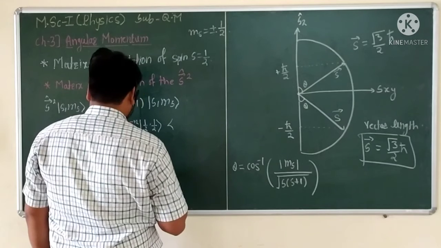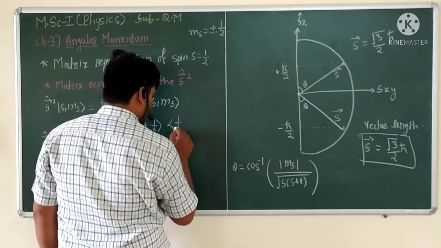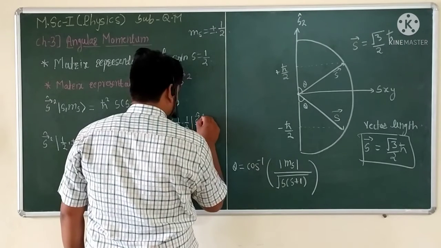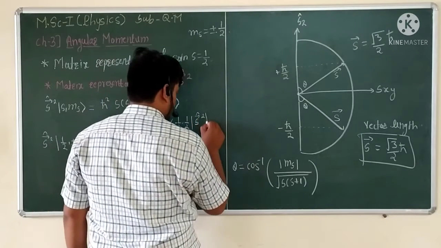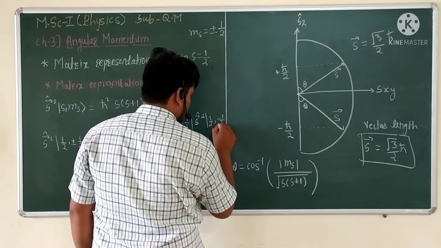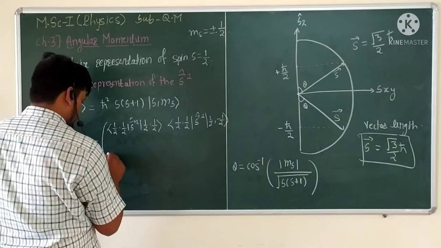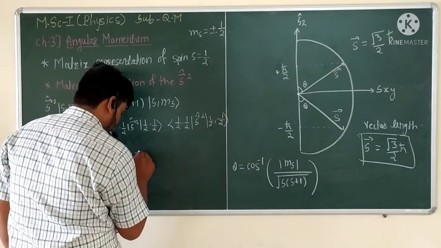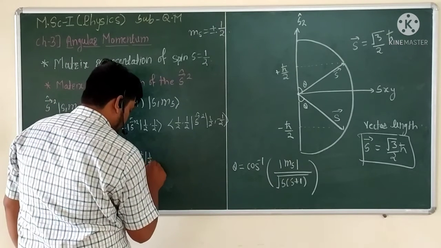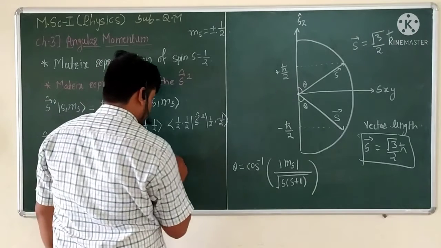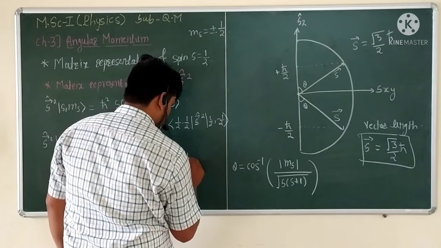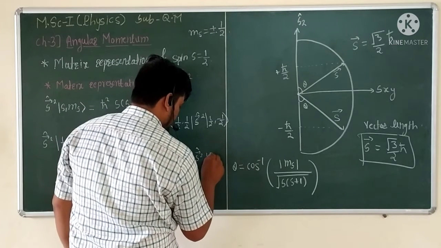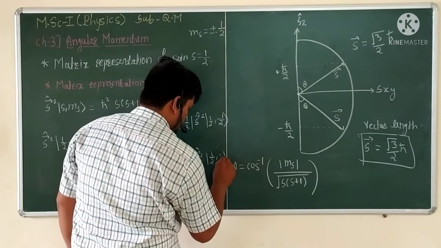Next, the bra of half comma half, s bar square, operates on the ket half comma minus half. Again the bra vector of half comma minus half of this s bar square operates on the ket of half half, and the bra half comma minus half of this s bar square operator operates on the ket of half comma minus half.